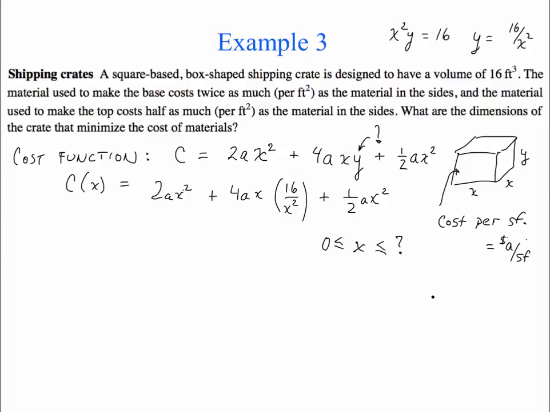Well, this is a little strange because the constraint is on volume, right? So we think about y getting smaller and smaller and smaller, and our total volume being 16. So how big could that square base be with a volume of 16 as y gets smaller and smaller and smaller?